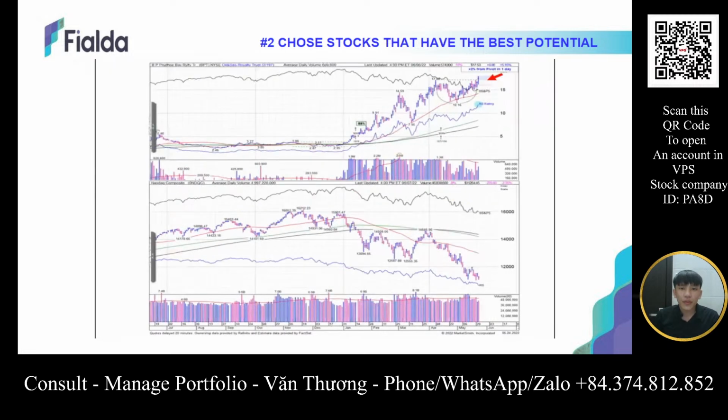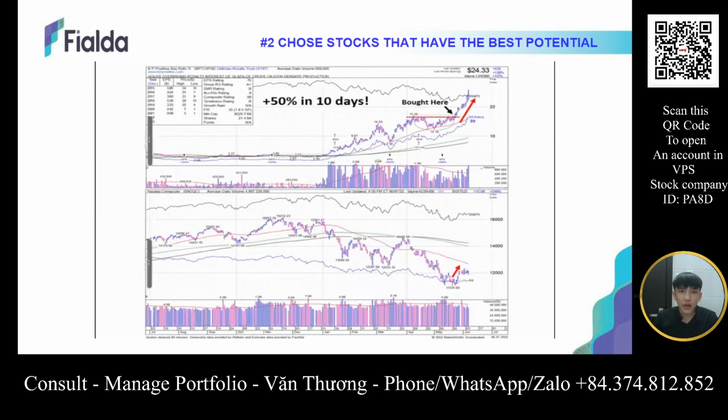So the next one is this stock. While the market is in a downtrend, the stock is in an uptrend. You can see here the stock formed a cup with handle here, and this day the stock broke out of the base, and you see the average. This stock went up 50% in just 10 days. That makes your portfolio, that makes your capital, go up very, very quickly.